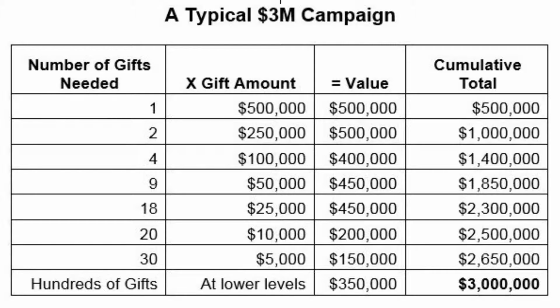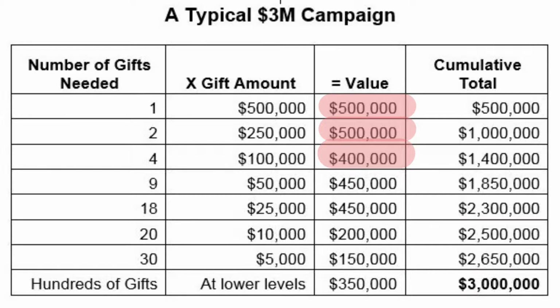Now, look at the last column to the right, the cumulative total. Let's total the top three gift levels. One gift of $500,000 plus two gifts of $250,000 and four at $100,000, that totals $1.4 million, nearly half the value of the entire $3 million campaign.